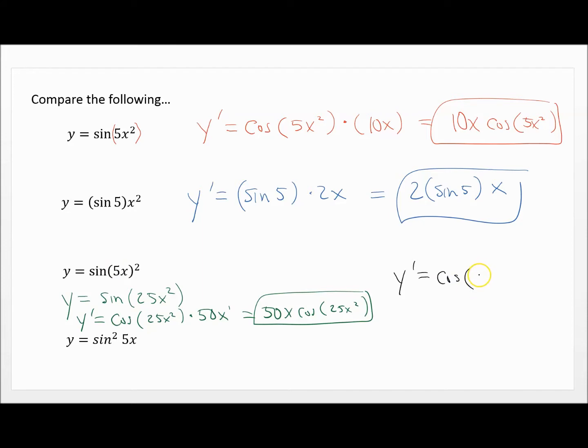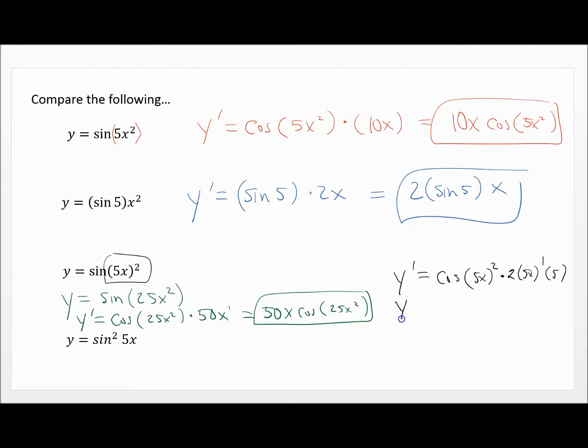You rewrite the inside, which is 5x with the square on the outside, times the derivative of the inside. Now, the derivative of the inside is this guy right here, 5x squared. That's what I'm taking the derivative of, which is 2, rewrite the inside, reduce that by 1, times the derivative of the inside is 5. This is one of those where you have to use the chain rule twice.